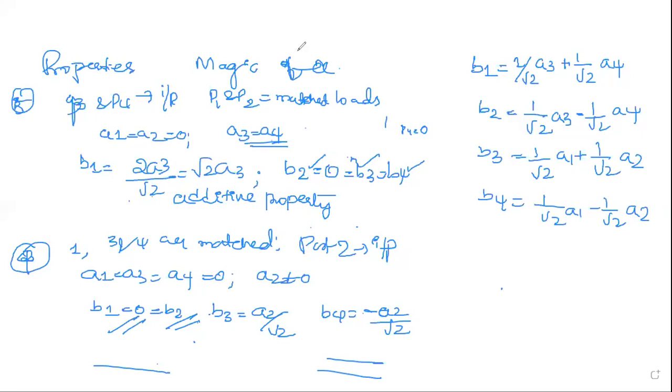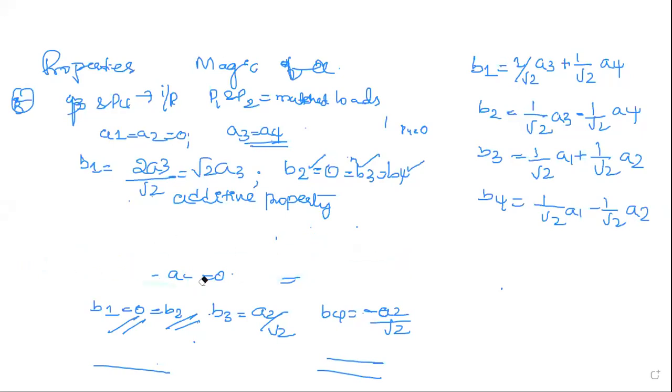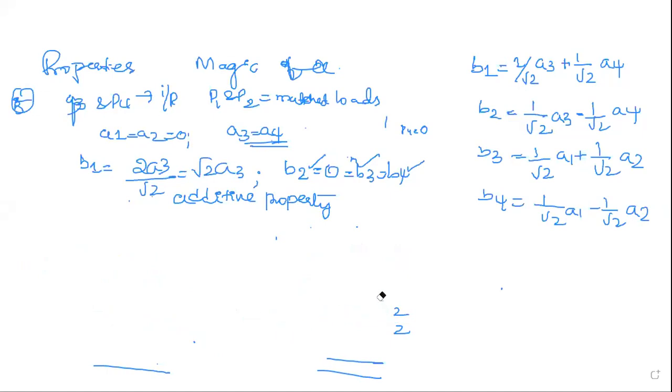Okay. So next we will consider one more property just opposite to this. Since we have taken A3 equal to A4, we will now consider A4 equal to minus A3, just opposite of property 5, considering A1, A2 equal to 0.